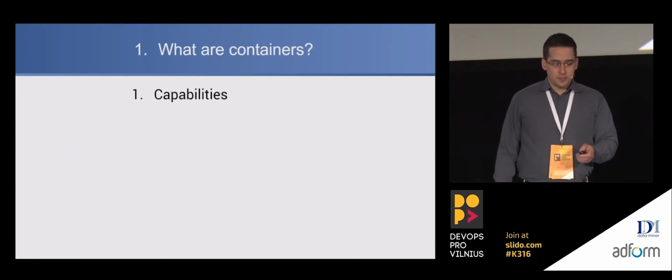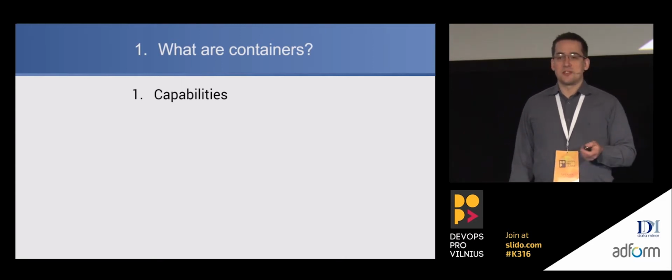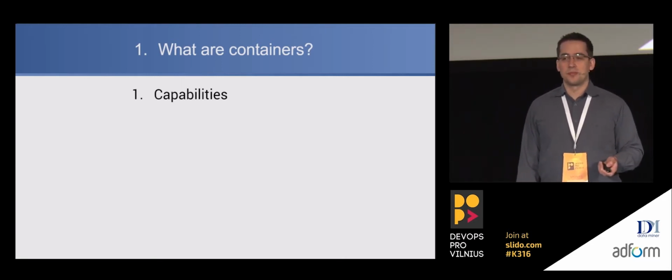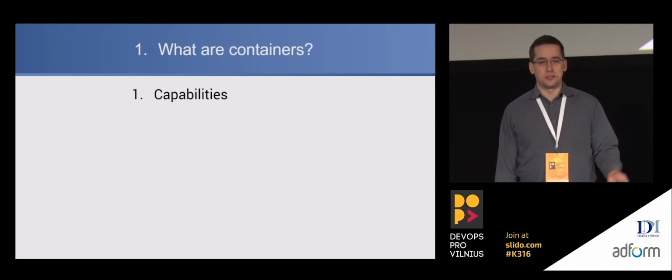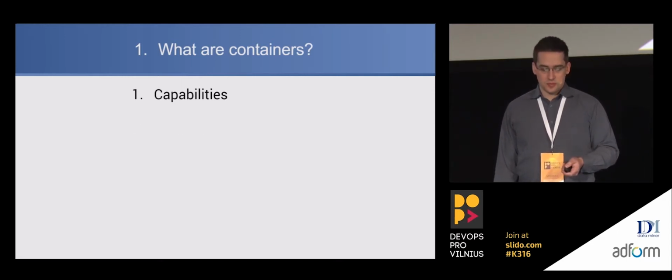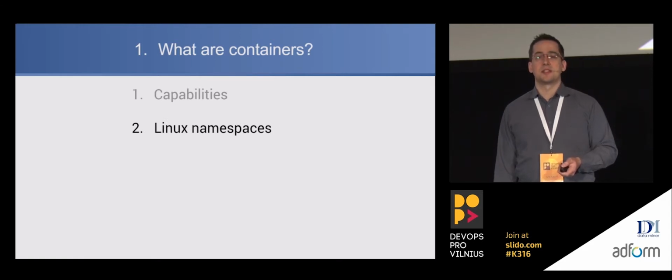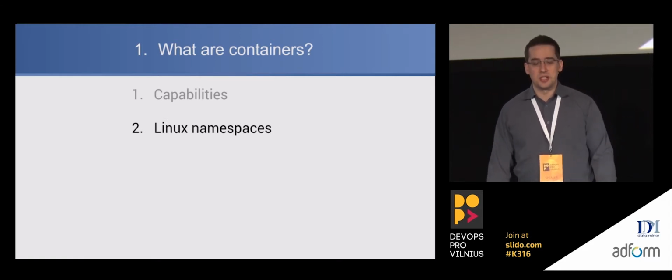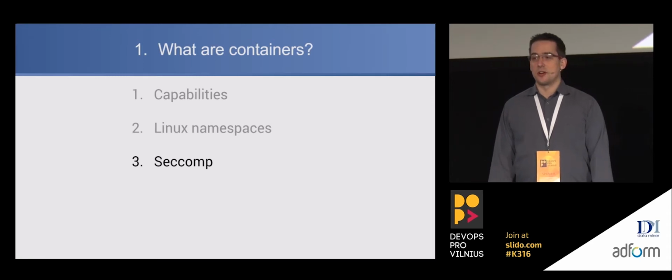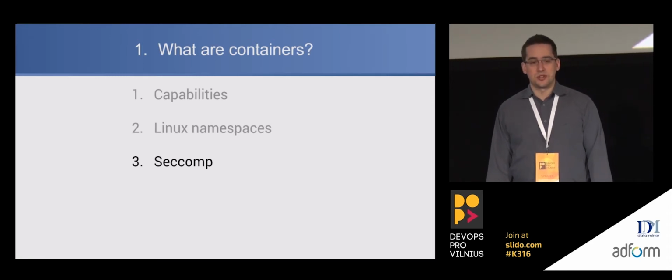So containers are basically comprised of a bunch of technologies in the Linux kernel due to many, many companies doing a lot of work, and I'm going to talk about that in a minute. One is capabilities. The second one is Linux namespaces, for example, the aforementioned PID namespace. The third one is seccomp, which limits what system calls you can do.